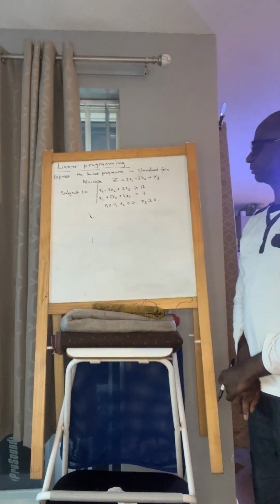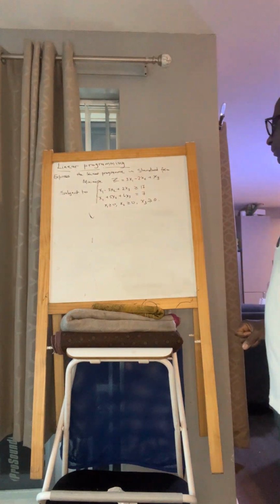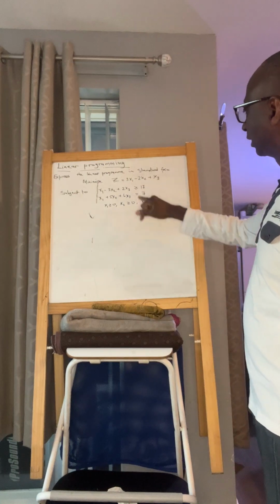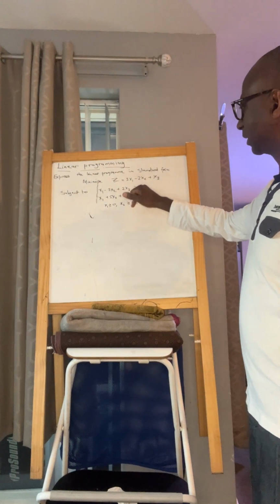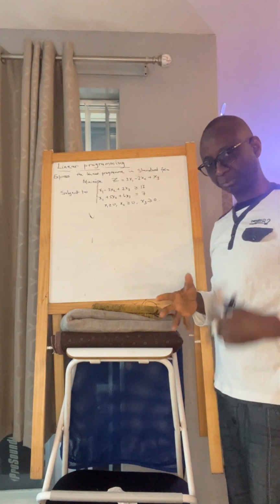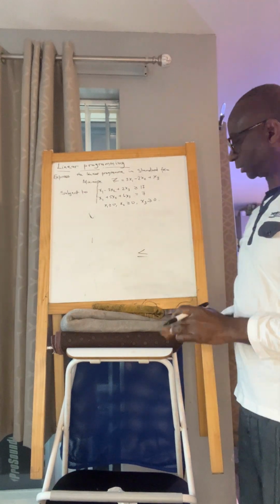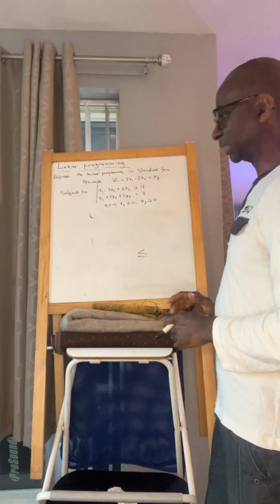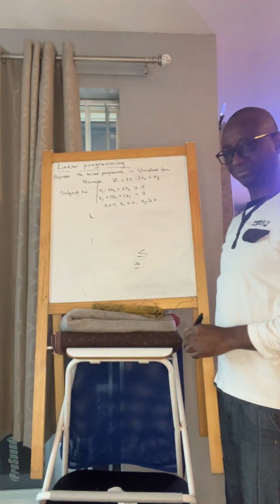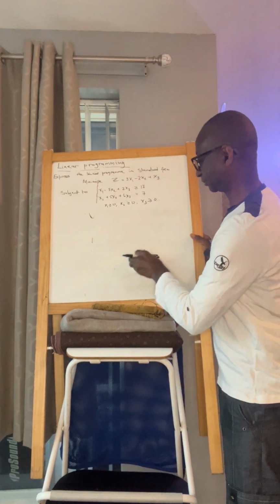If you look at these two equations we have here, if you are trying to maximize, this inequality sign has to change. In optimization, we use less than or equal to whatever be the number on the right hand side, but not greater than.